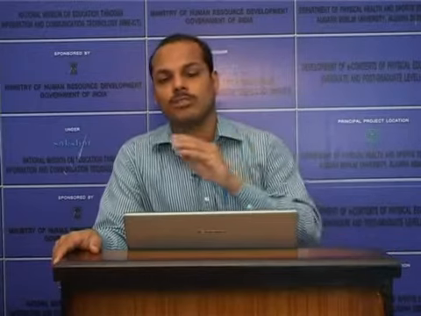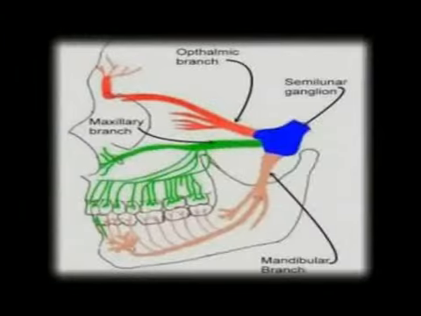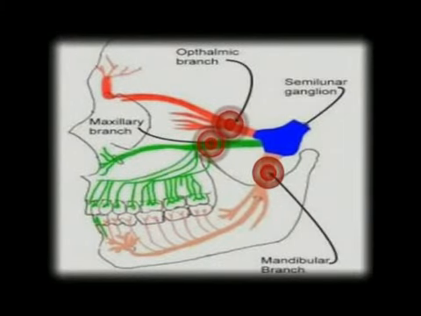This cranial nerve has three branches: the ophthalmic nerve, maxillary nerve and mandibular nerve. So, it provides both motor and sensory information. The sensory fibers are located in the trigeminal ganglion and the motor fibers are from the nuclei of the pons.